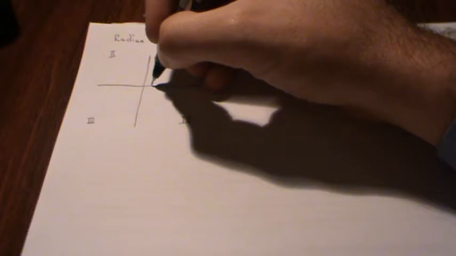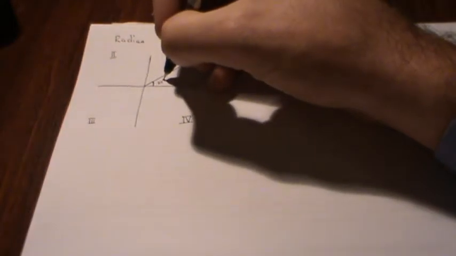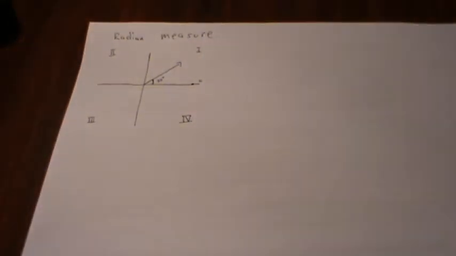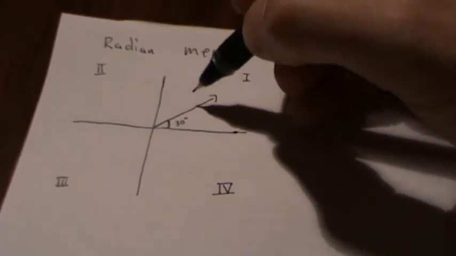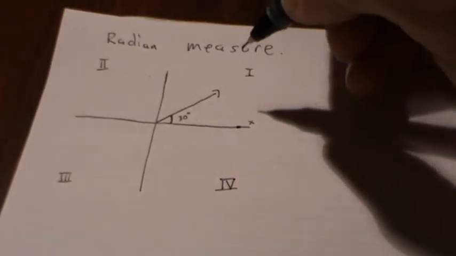And so if I were to rotate up 30 degrees and ask you what quadrant that was in, you would be able to answer that a 30-degree angle terminates in quadrant 1.